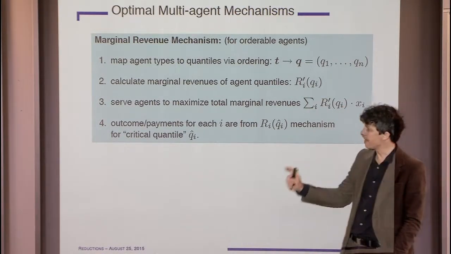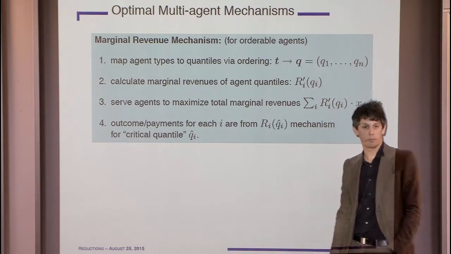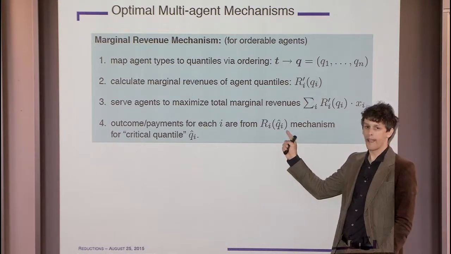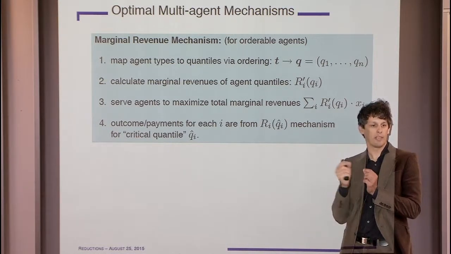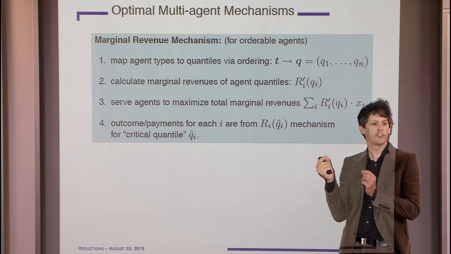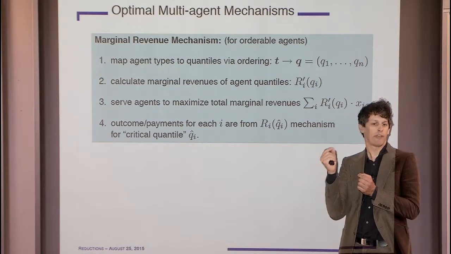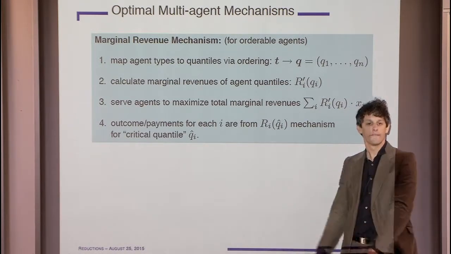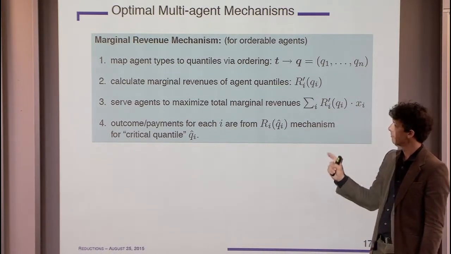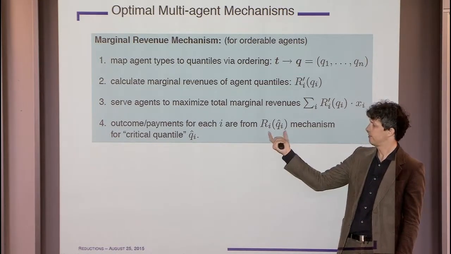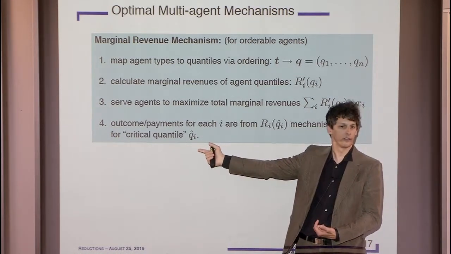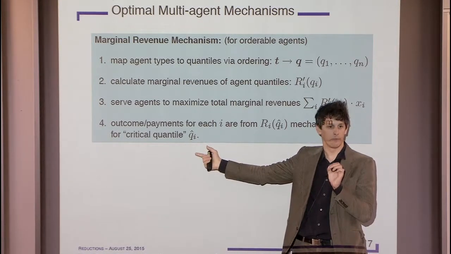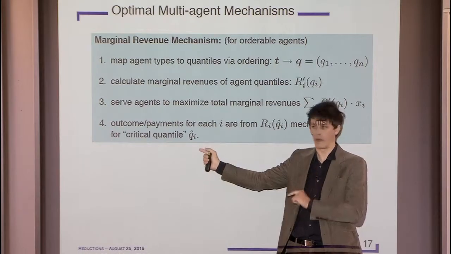And finally, to find the outcome and payments for each player, I'm going to look at how much they could increase their quantile, meaning go to lower types, and still be served. To find a critical quantile, which is the quantile at which they couldn't increase it anymore. That critical quantile has a mechanism that's defined by solving the ex-ante problem for that quantile. That player sees the mechanism that's the ex-ante mechanism for that quantile.